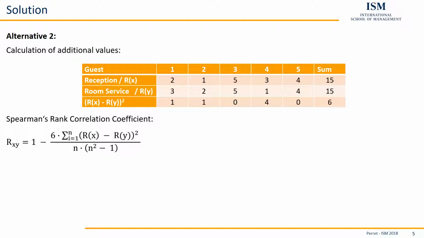So here we go: 1 minus 6 times 6, this is the whole sum, divided by n, which is 5, times, in parentheses, 25 minus 1. So we insert this and we get as a final result, unsurprisingly, again the 0.7 as we got with alternative 1. So we saw in the case that each rank is assigned only once, both approaches give us the same result.